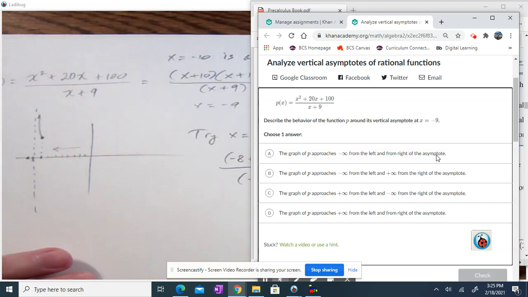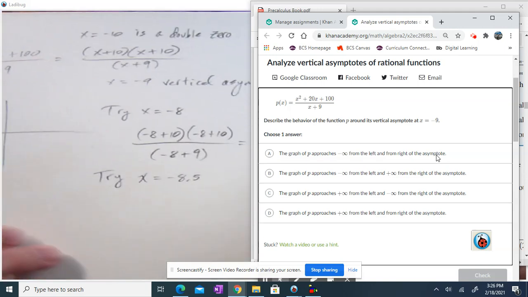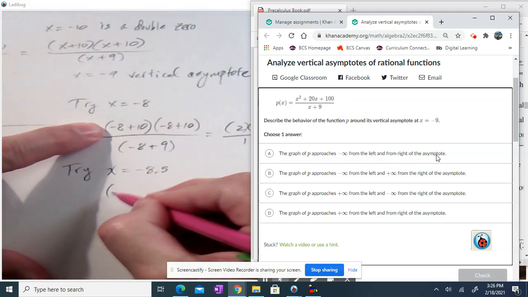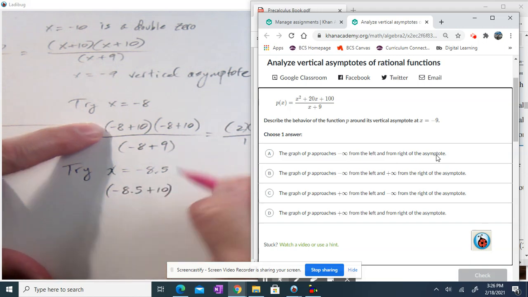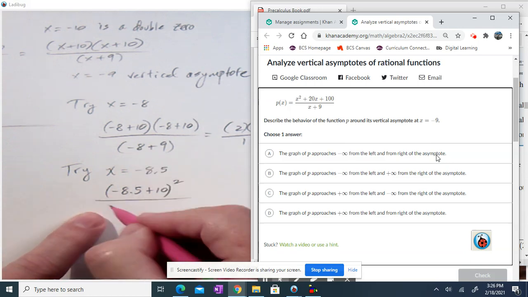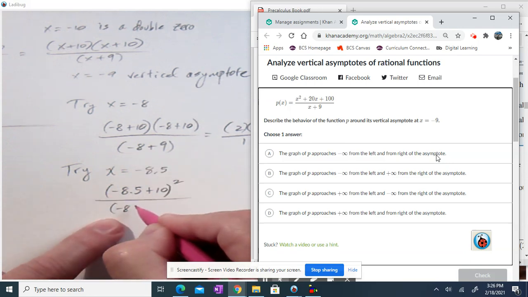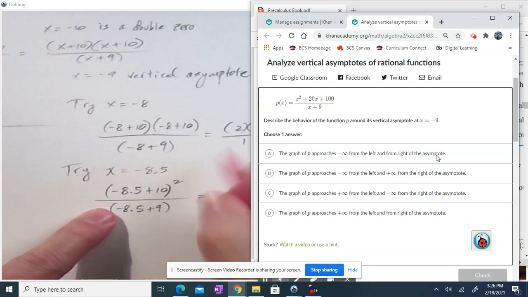And you could put in another value. Let's get even closer. What would happen if I put in negative 8.5 here? So do the same thing. That would be negative 8.5 plus 10, and instead of writing it twice, I'll just square it, over negative 8.5 plus 9. Well, you're still going to end up with a positive number here.